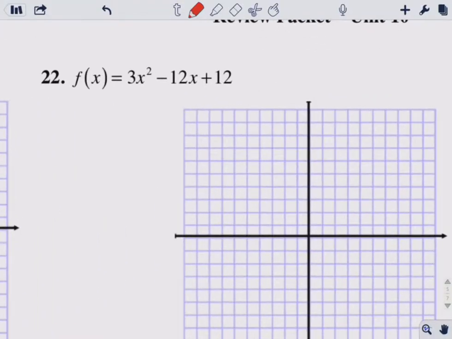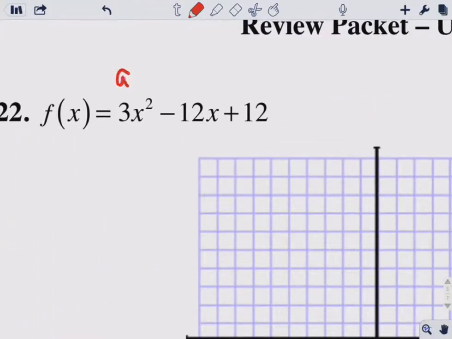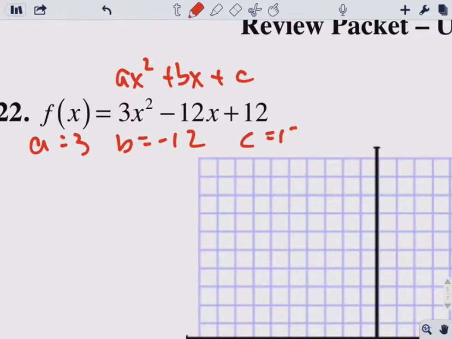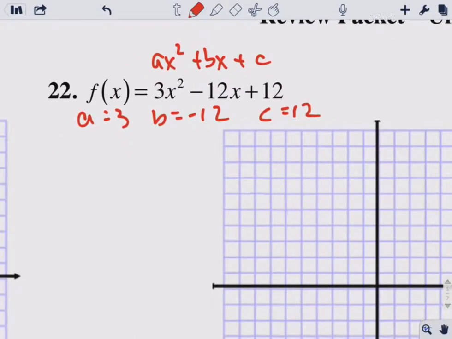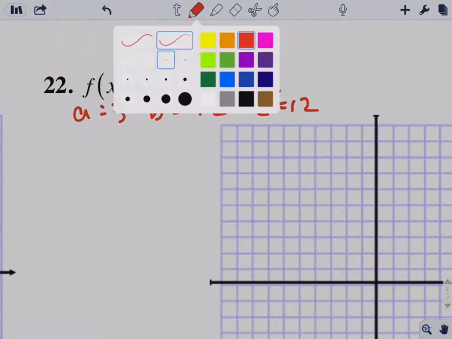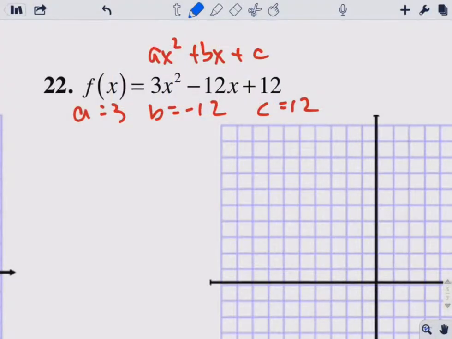Okay, again, another one in the form ax squared plus bx plus c, where a is equal to 3, b is equal to negative 12, c is equal to 12. So we're going to do this. We got to find our x coordinate of the vertex. That's negative b over 2a.